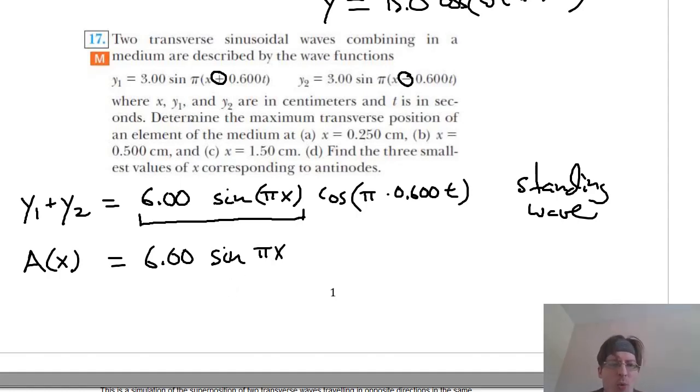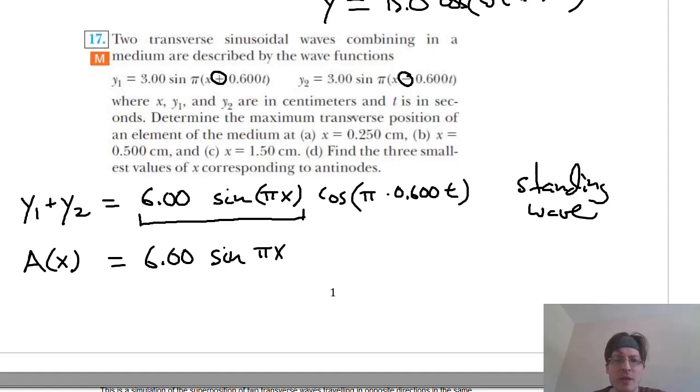So in question A, we're asked to determine the maximum transverse position of an element of the medium at these different x values. Well, that's exactly what we would plug in. This is the maximum transverse position. Of course, it goes up and down. That's what the function of time tells you. As time goes on, the actual displacement changes up and down. But the peak value is given by just this 6 sine pi x.